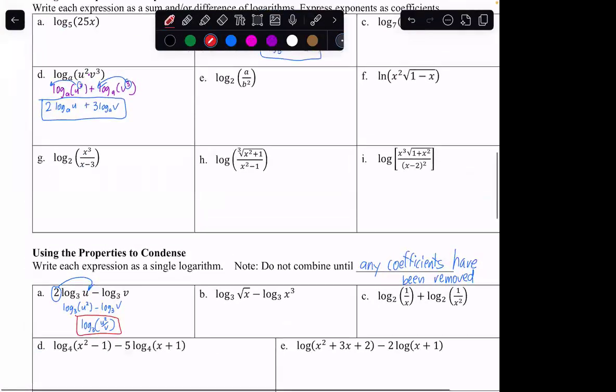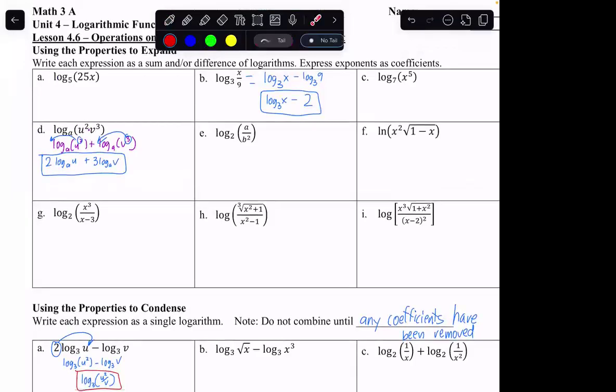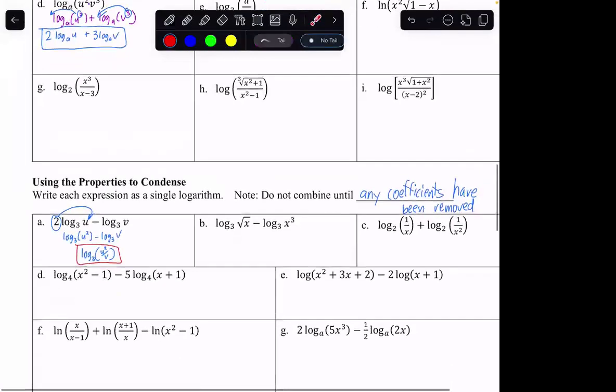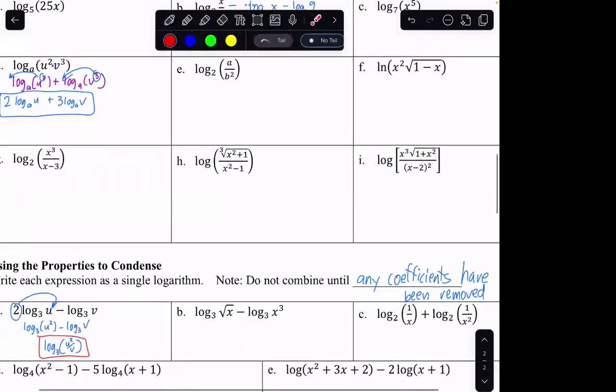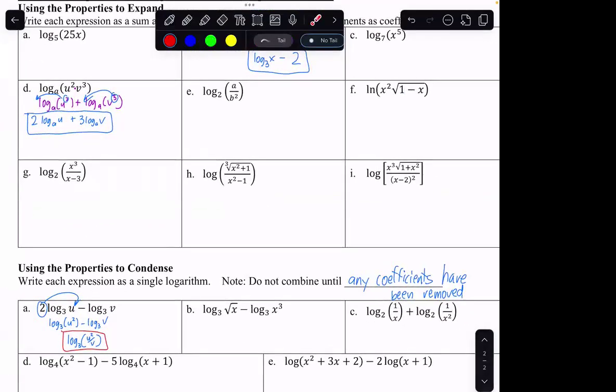All right, so I'm gonna give you time to practice both directions. Again, taking a single log and splitting it up, as well as taking multiple logs and combining them together. So go ahead and take some time, please, and try it out.